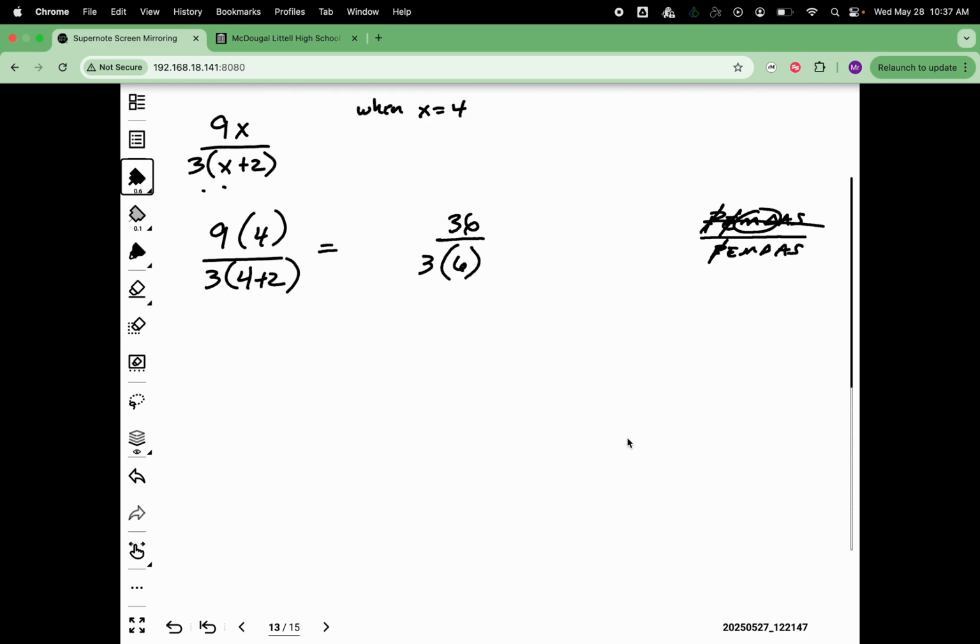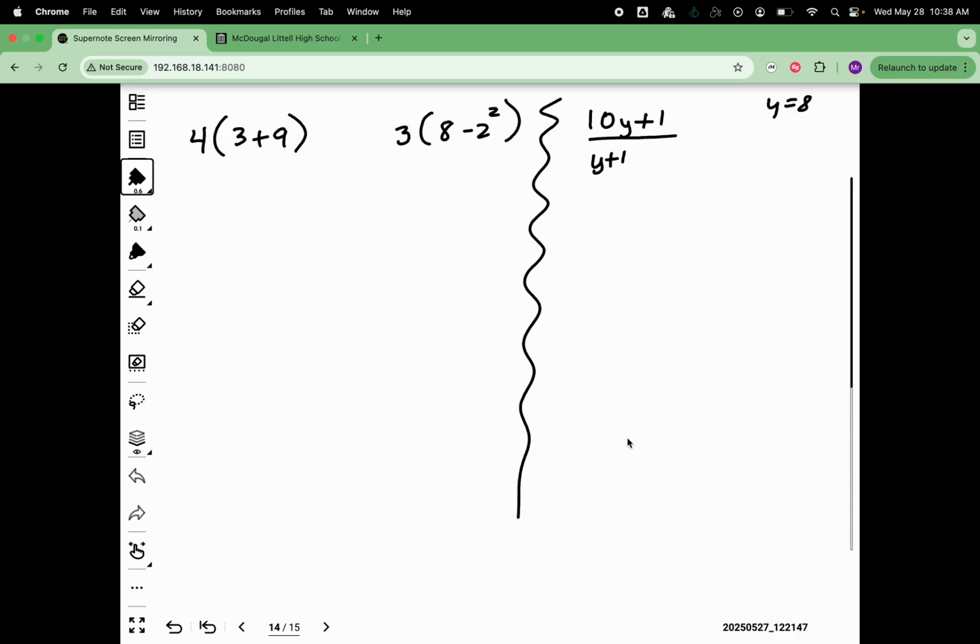So my parentheses is done. Exponents, I don't have any. Multiplication and division now, that's going to be 18. So I'm going to have 36 divided by 18. And now we would divide. What's 36 divided by 18? 2. It just takes practice to understand how it basically works.